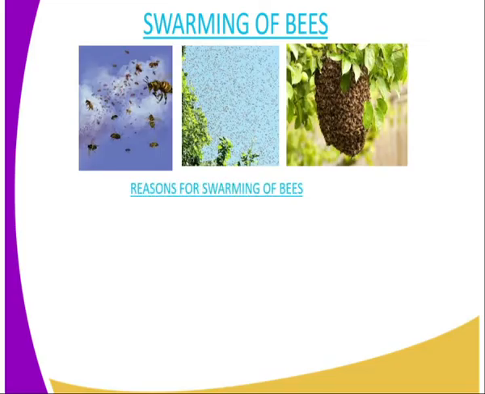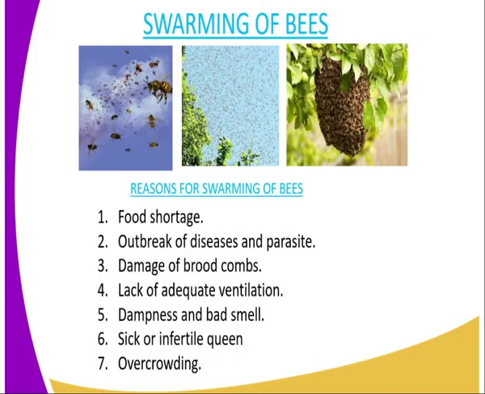Reasons for swarming. Why do the bees swarm? The reason number one is food shortage. If in the area there are few flowers, or the beekeeper does not supplement what they get from flowers, then those bees will fly away. The second reason is number two, outbreak of diseases and parasites.